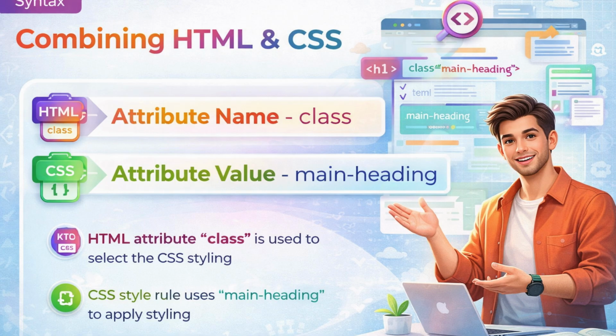This becomes the attribute value. Now what happens? CSS uses this class name to apply styles. So basically, HTML says, hey, this is my class name. And CSS says, got it, I'll style everything with that name. Simple, right? That's how HTML and CSS connect and work together.